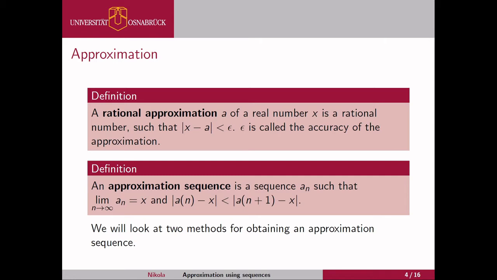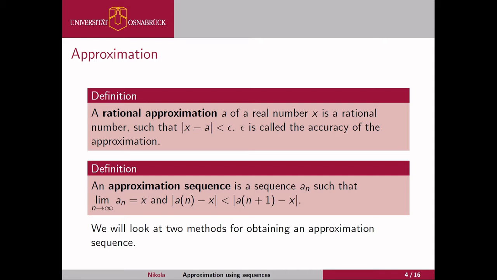Usually we just say epsilon. This is just the distance we are allowed to be from our real number. This is, of course, arbitrary. Like you can pick epsilon to be 10, usually not very accurate, or 100th, completely up to you. And we call a an approximation of x if it is within that distance.